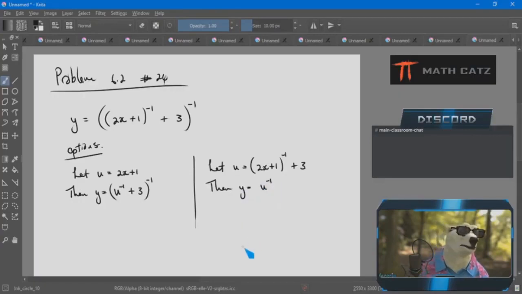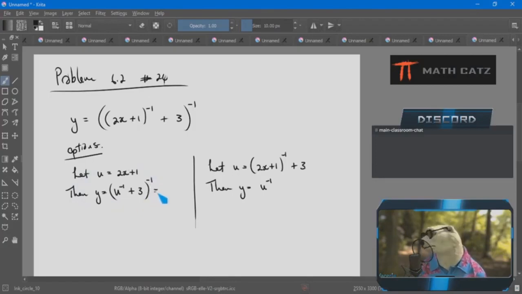Neither one of these is wrong, but we said we want to move forward with the choice that has the simplest outside function. By simplest, I mean I can find the derivative with basic properties. And the first one does not qualify. This outside function is another chain rule.